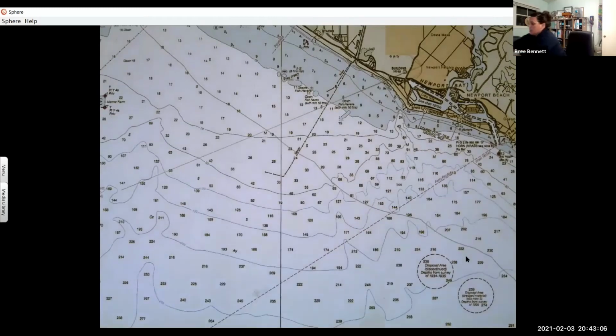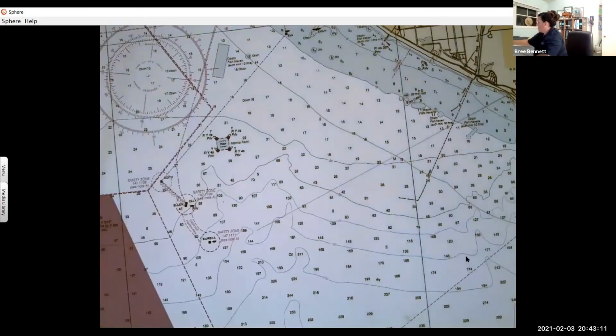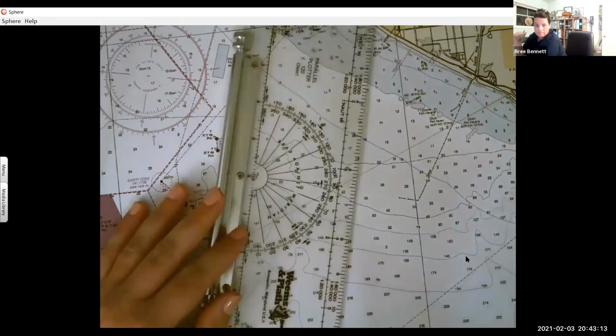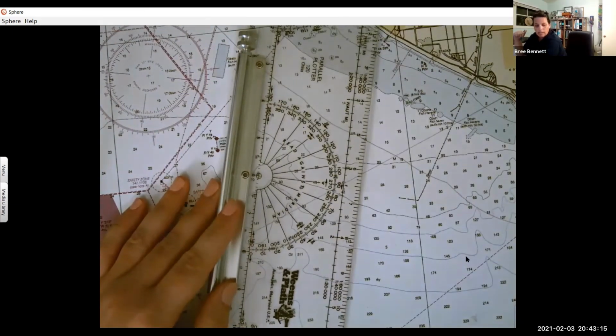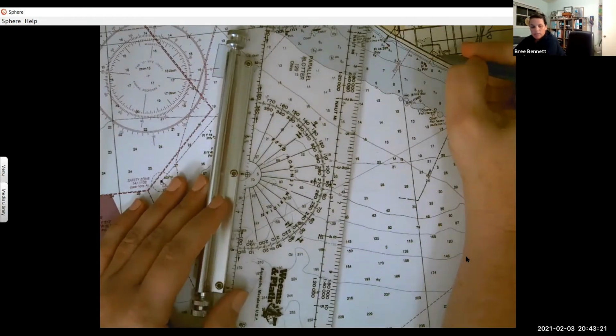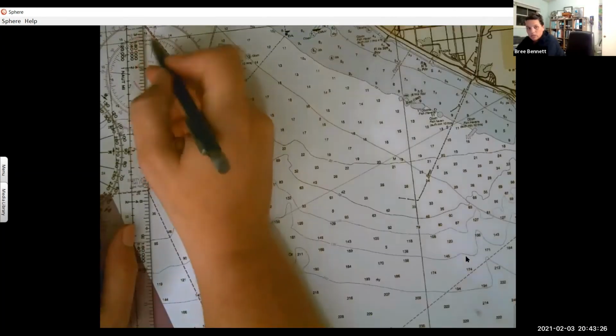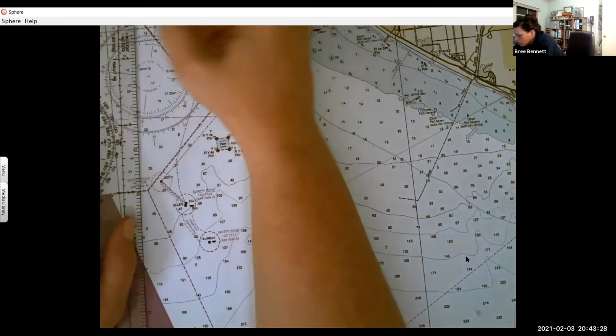So let's use a roll plotter. My HB stack, which I've identified as the one closest to Newport here, is bearing 013. So I'm going to find 013 on this compass rose.